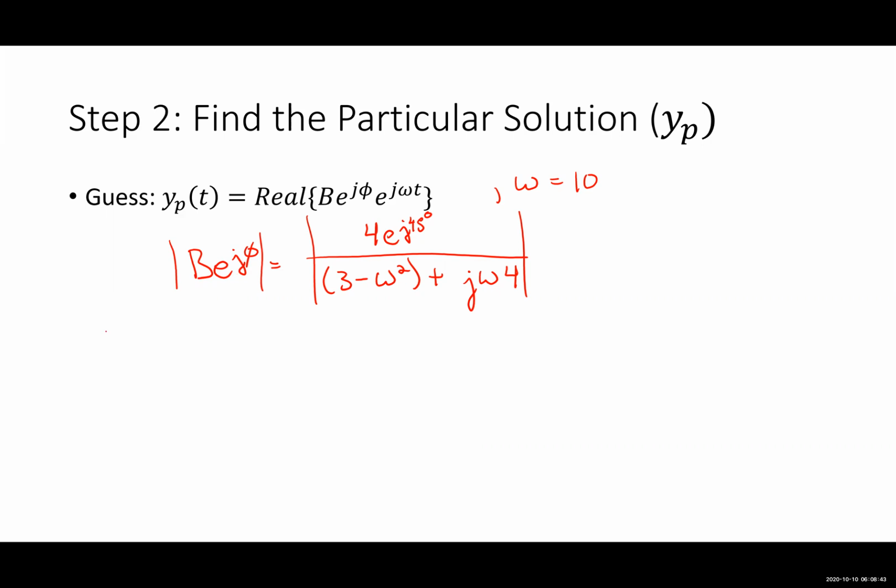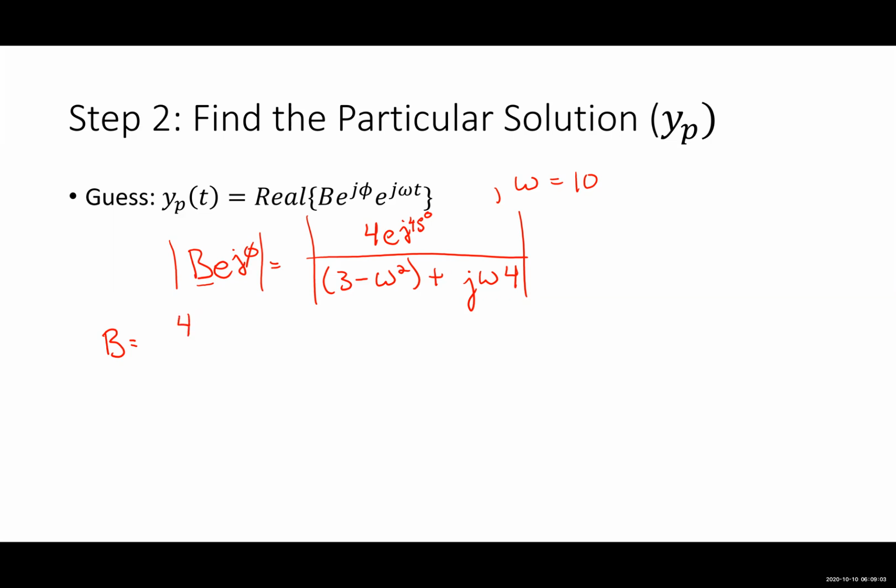So that means that b, and again, if this was a coefficient on a sine wave, b would just be a real number, right? So I don't need to worry about saying magnitude of b. It's always going to be a real number, all right? So the magnitude of 4e to the j 45 is 4, right?